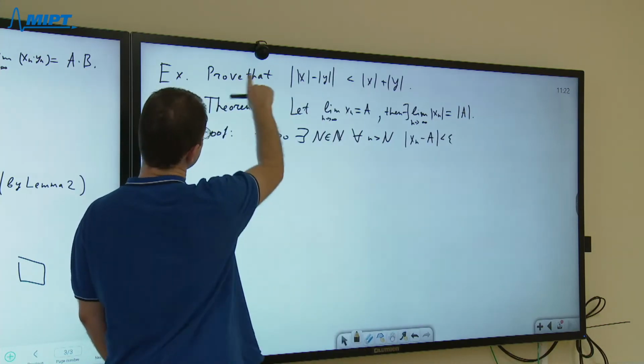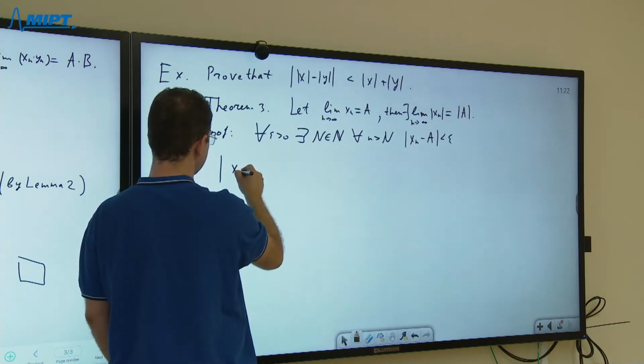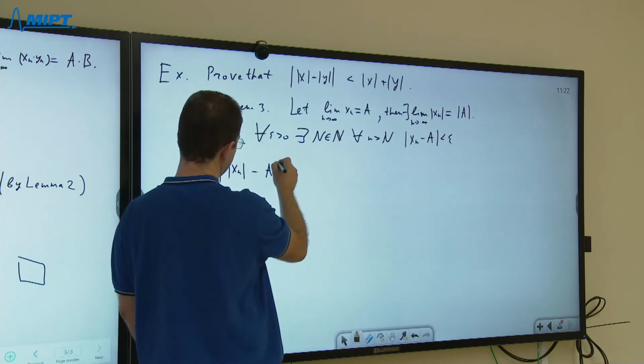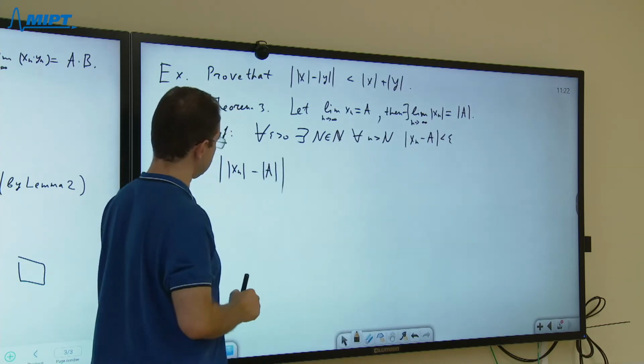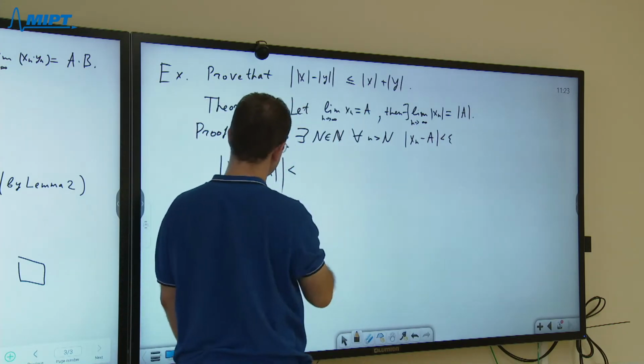Then, by virtue of this exercise, absolute value of the absolute value of xn minus the absolute value of a is less or equal.